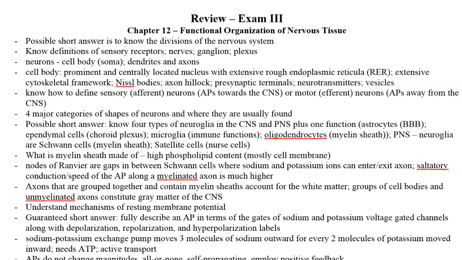The structure of a neuron: a prominent cell body with a visible nucleus. The nucleus has a dark spot in it called the nucleolus. Now the cell body is also known as the soma, and projecting off the cell body are cytoplasmic projections called dendrites, and there will usually be several hundred, if not thousands, of these dendrites projecting off the cell body, and usually one long extended cellular process called an axon.